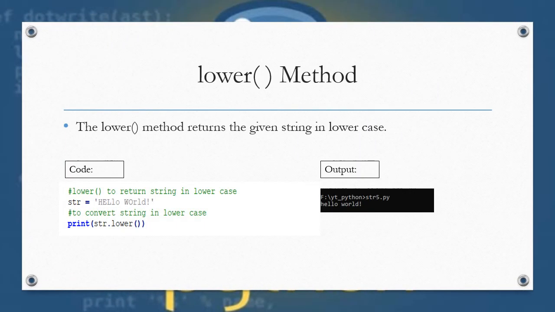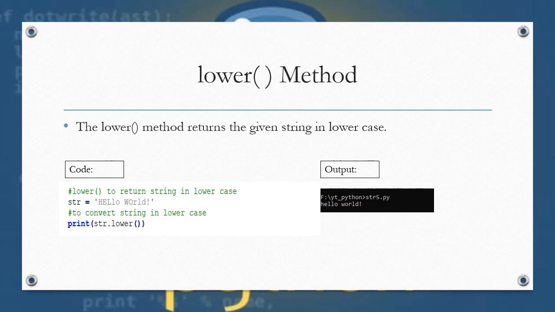Now the lower method. The lower method returns the given string in lowercase. If you have any uppercase letters in a string and you want the whole string in lowercase, you can use this method. As we can see in the code, we have a hello world string with some uppercase characters and lowercase characters.